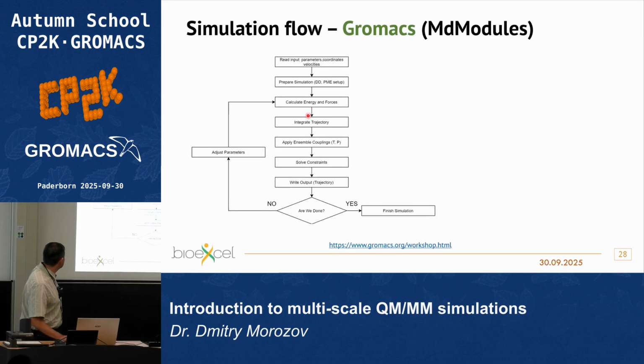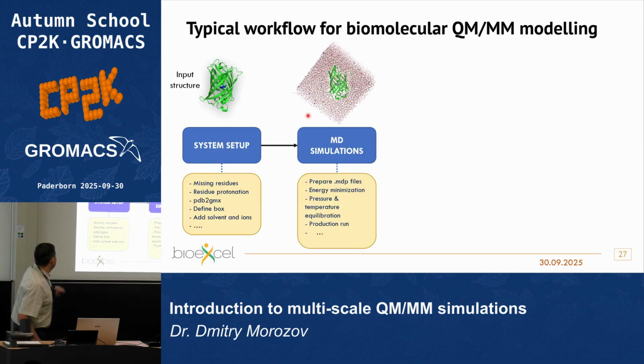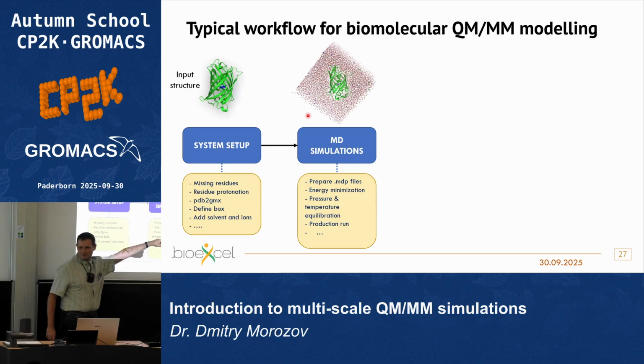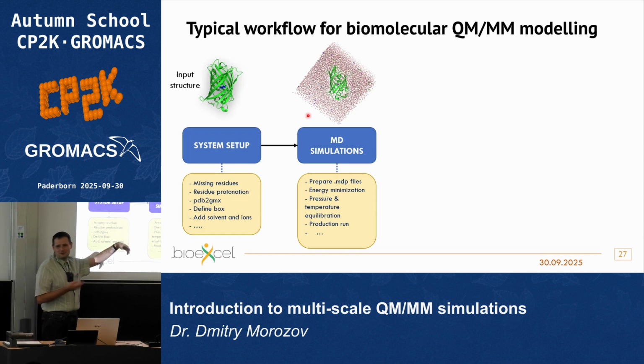Also, maybe let me be clear, you can also skip these steps. You can just go directly to QMMM, especially if you don't have any parameters for your ligand or whatever in the MM. It's not suggested as the best approach, but you can potentially do this.